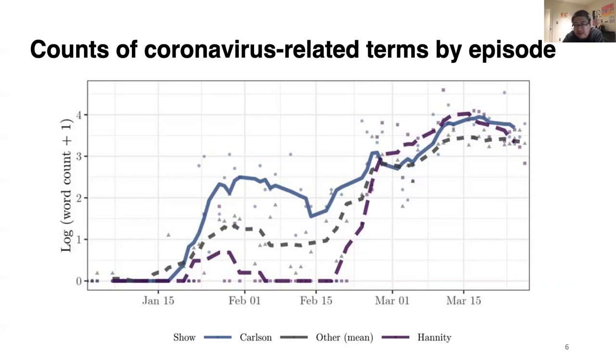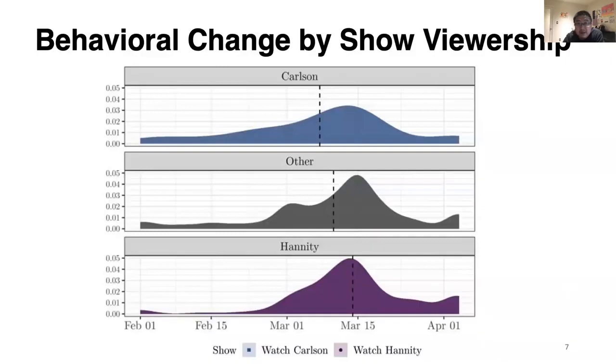By early March, the word counts of the shows had converged. This figure displays the density function of viewers' reported day of behavior change in response to the coronavirus.